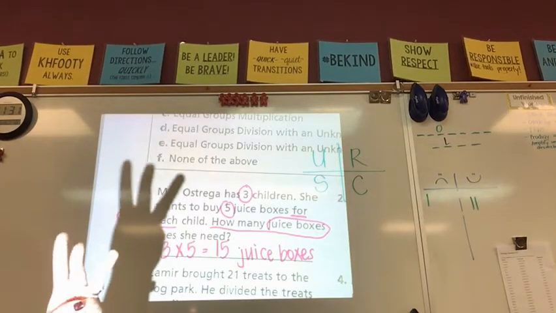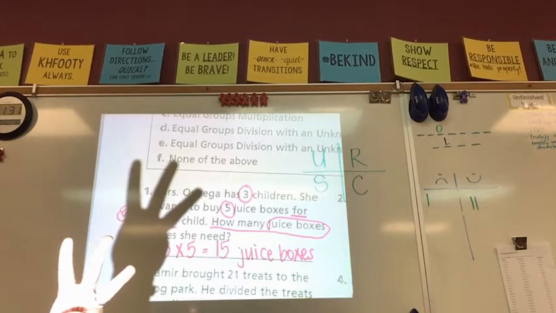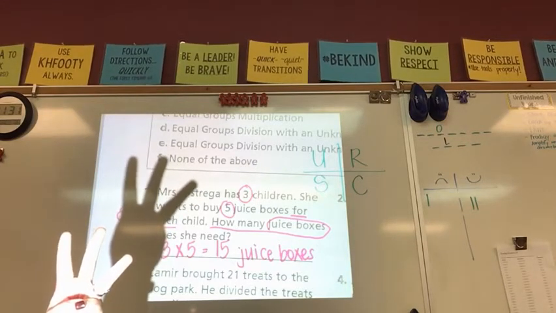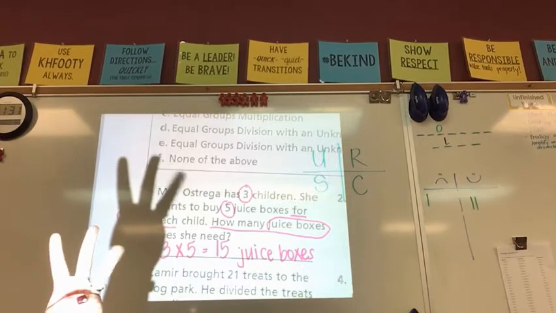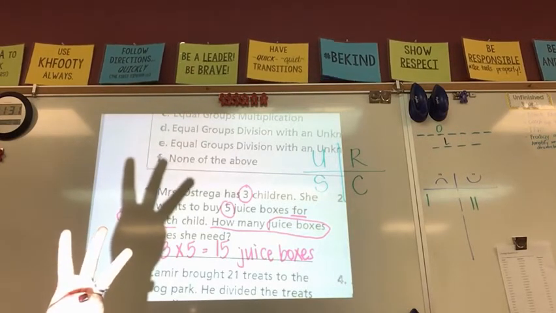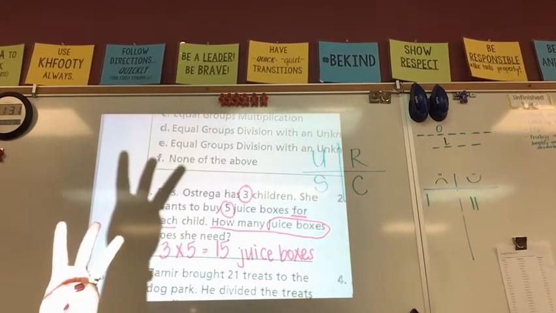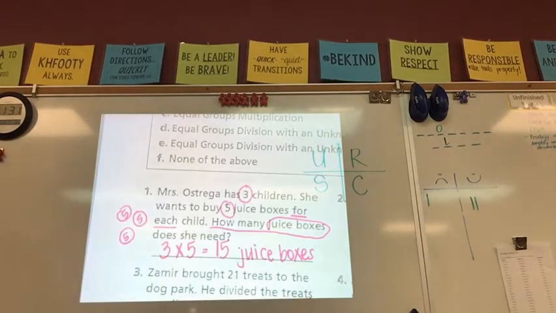And the trifecta: an equation, answer, and label. What's my trifecta? Equation, answer, label. Those are the things I want you to do today. So please pull out your markers.